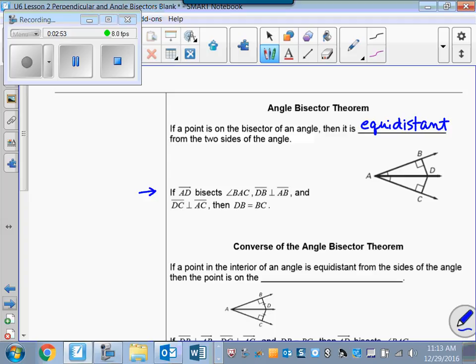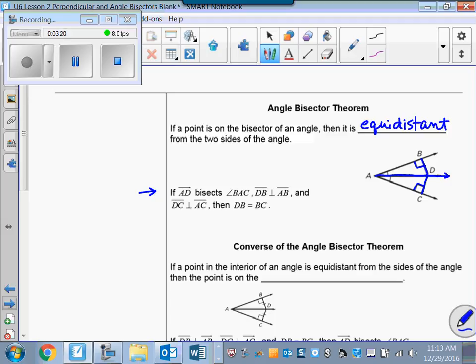If AD bisects angle BAC, so here we are, AD is bisecting the large angle BAC, and DB is perpendicular to AB, and DC is perpendicular to AC, then I know that DB equals DC. Okay, and that goes back to equidistant.